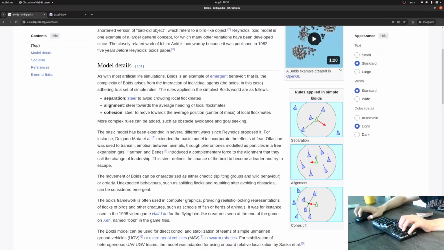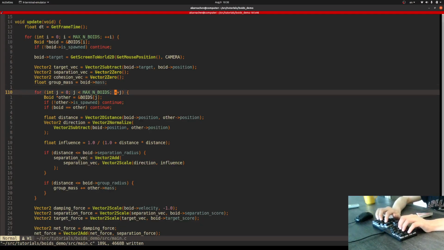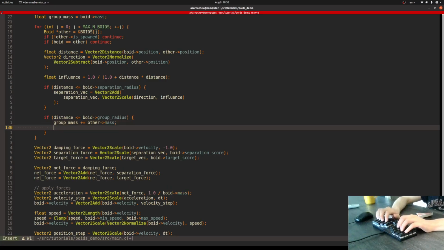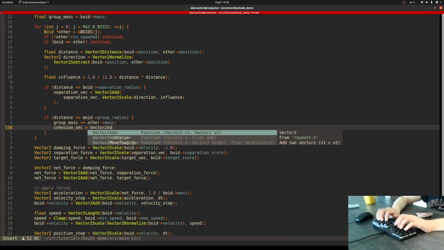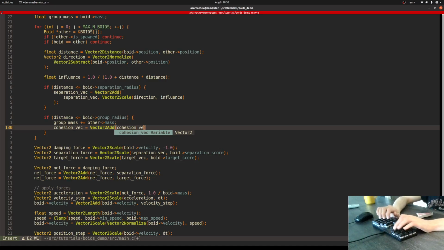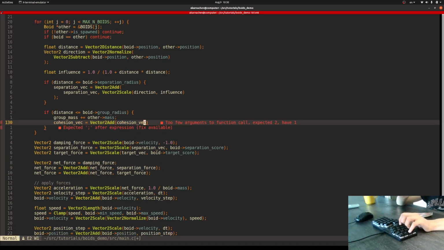Group mass, and let's say that cohesion vec is equal to vector 2 add cohesion vec, but I want to scale, to add some weight to the current distance between my Boid and target Boid.